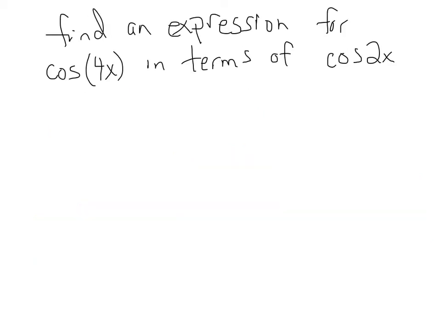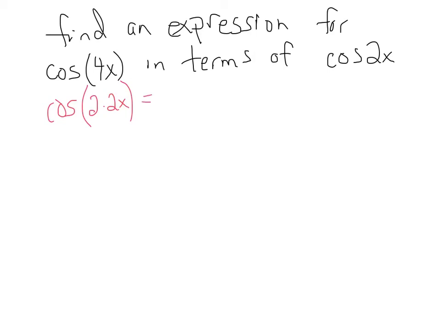Next example. Find an expression for cosine 4x in terms of cosine 2x. So this is actually a double angle problem, because cosine 4x is cosine of 2 times 2x. So this 2x, this thing right here, that's like the a in our identity. And one of those identities involved cosine, didn't it?